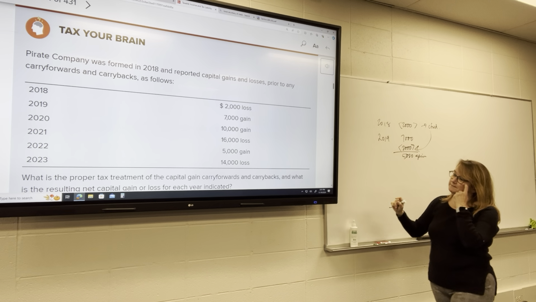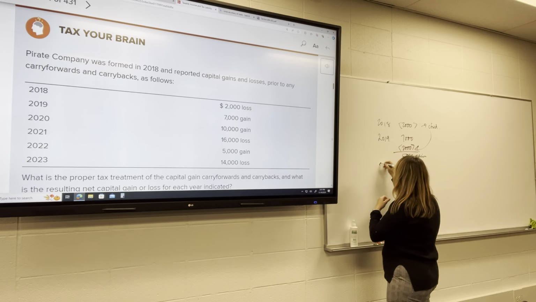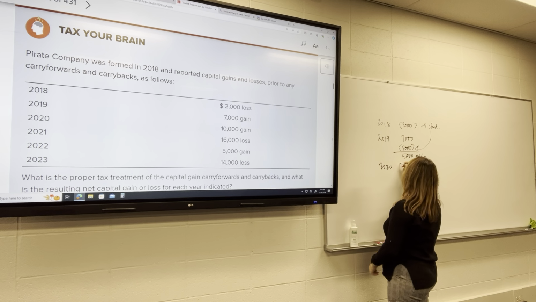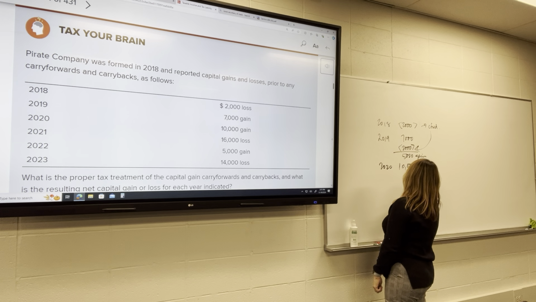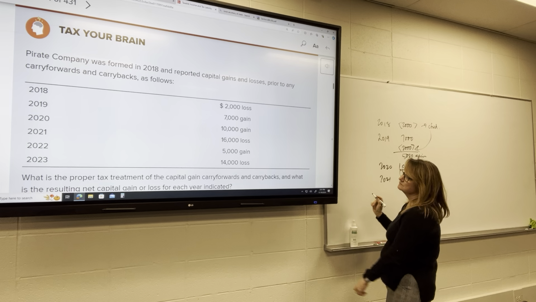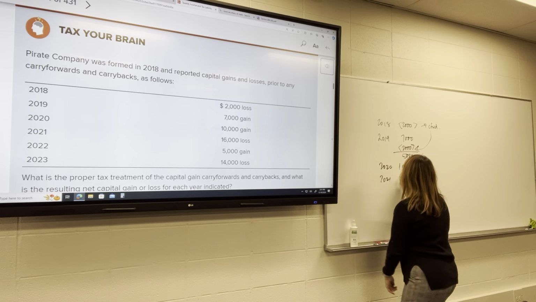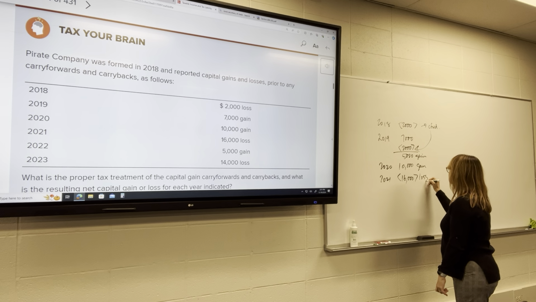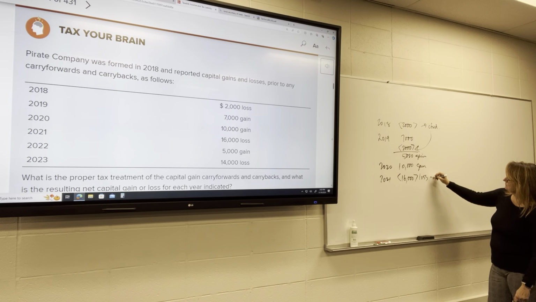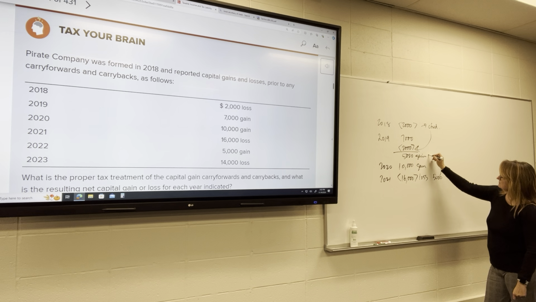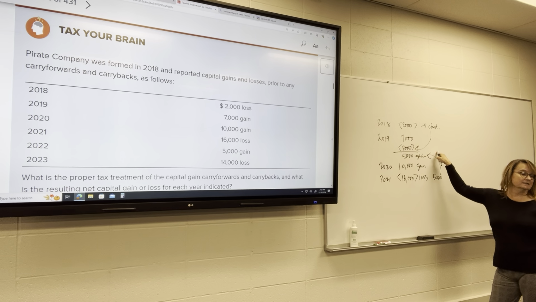Let's go to 2020. We've got a $10,000 gain in 2020. In 2021, we have a $16,000 loss. Well, we're going to take 5,000 of that to go back to 2019 and amend it.